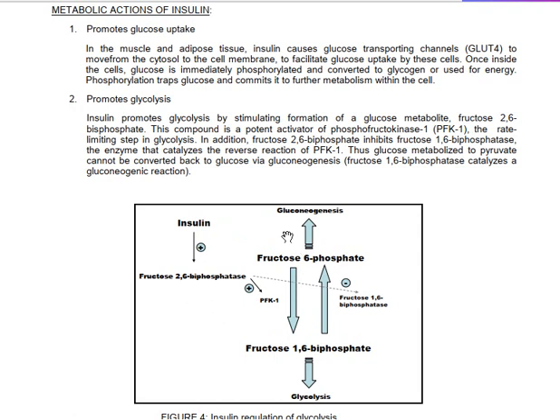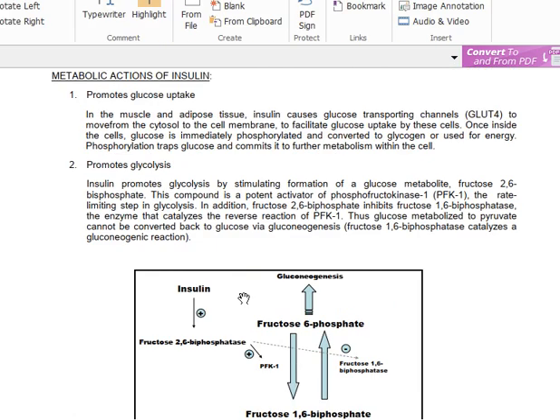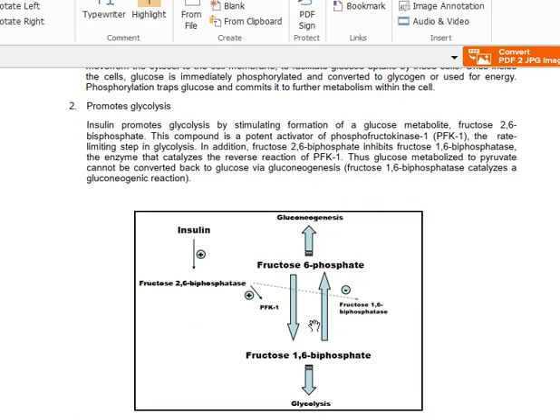to stimulate the conversion of fructose 6-phosphate to fructose 1,6-bisphosphate. So insulin is going to promote fructose 1,6-bisphosphate such that the glucose should be broken down in glycolysis. Is it clear?